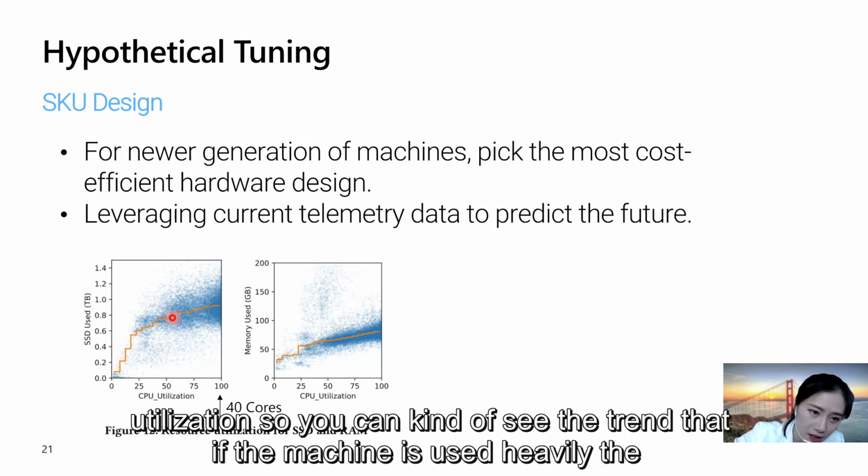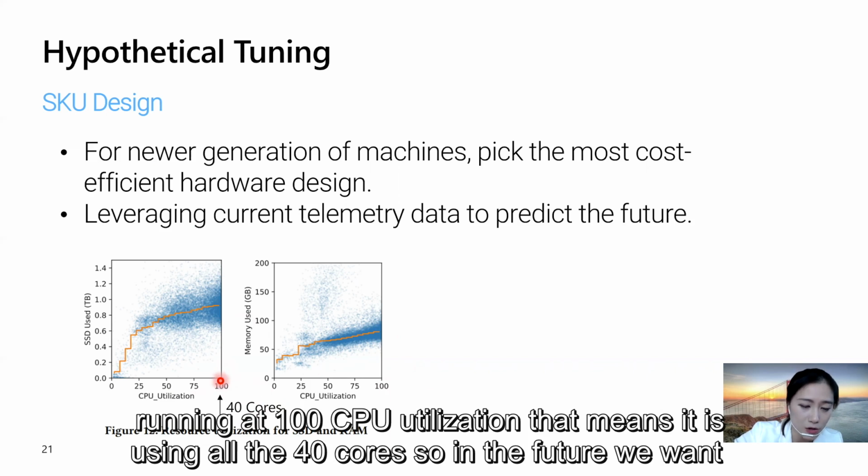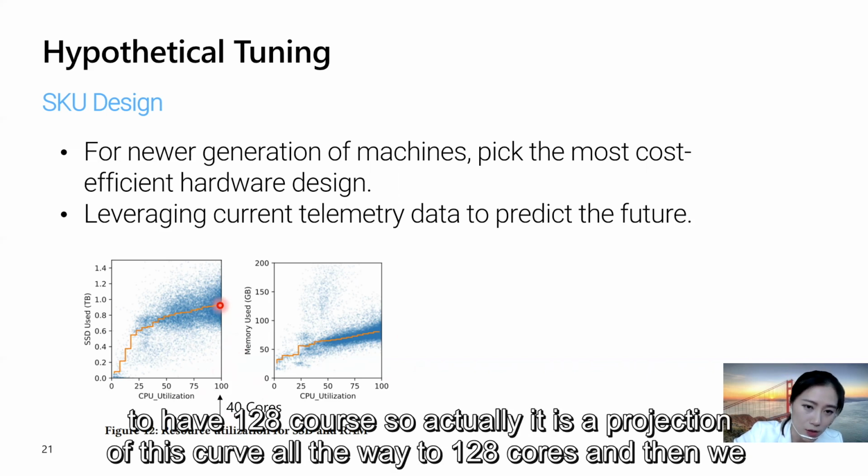You can see the trend that if the machine is used heavily, the SSD usage or the RAM usage will be higher. Specifically, for this group of machines, running at 100% CPU utilization means it is using all the 40 cores. In the future, we want to have 128 cores, so it is a projection of this curve all the way to 128 cores.